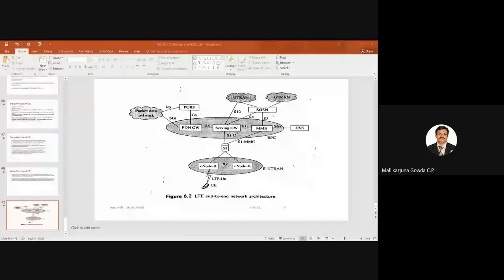What is the function of each layer? Your CCN understanding will help you a lot to apply your knowledge here, to see how the protocols work there, how it is different here, and in what way they are similar. Fine. So with this, let me stop today. I will be talking about the layered architecture and functionality of each layer with respect to LTE.